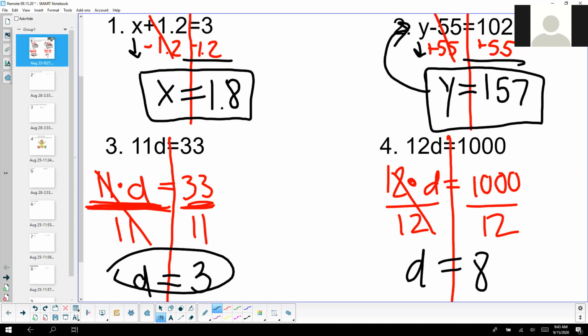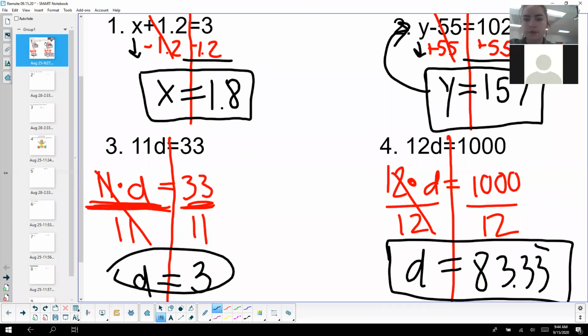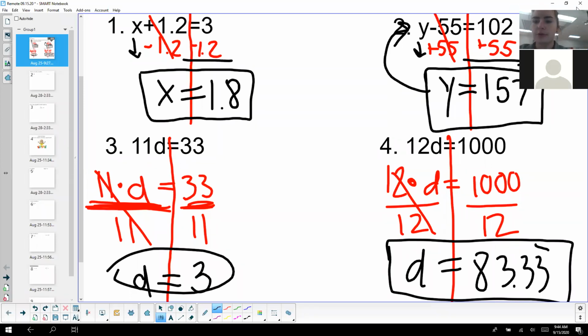Don't be afraid if it's not a nice, pretty number. So we've got 83.33333, but to indicate that it's repeating, I'm going to put a little bar over it. On a quiz or anything, if you just write 83.3, you would get full credit, so that'd be totally fine.